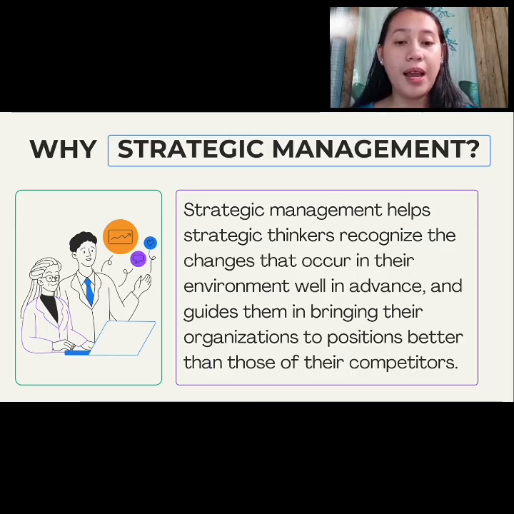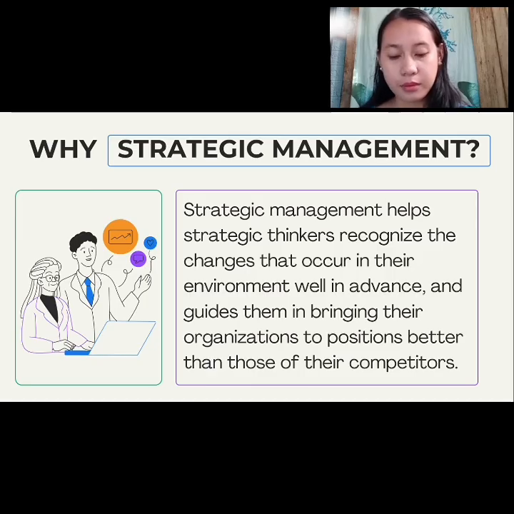So, strategic management enables organizations to anticipate environmental changes, respond proactively, position themselves competitively, outmaneuver competitors, and achieve sustainable advantage. By doing so, organizations can stay ahead of the curve, capitalize on opportunities, mitigate risk, drive growth and success. So effective strategic management helps organizations navigate complex environments and achieve their goals.